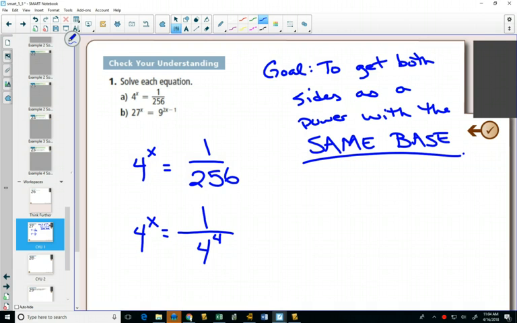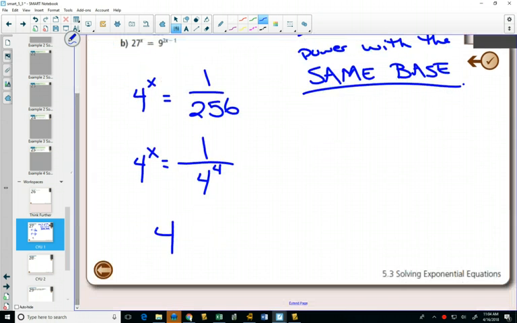The left-hand side is a power with a base of 4. The right-hand side is 1 over a power with a base of 4. We would like to get the right-hand side also as 4 to the something. And so this is where we're going to use our exponent laws and our exponent rules. Is there another way I can write 1 over 4 to the 4? If it's negative, then it would become 4 to the negative 4.